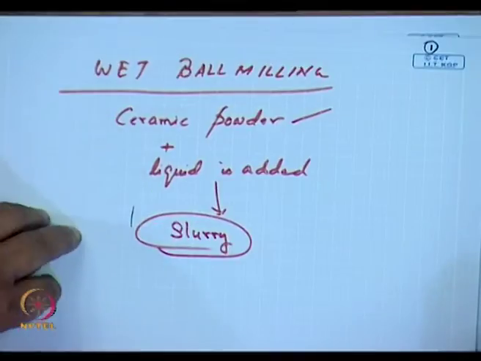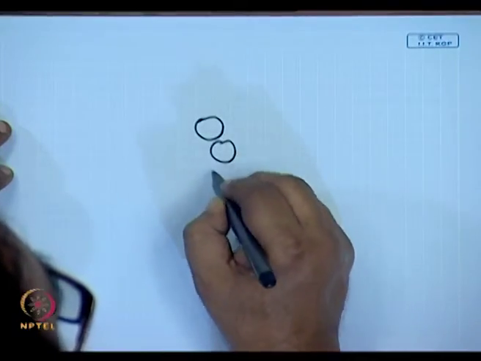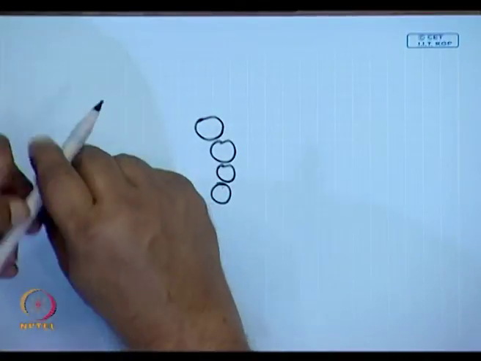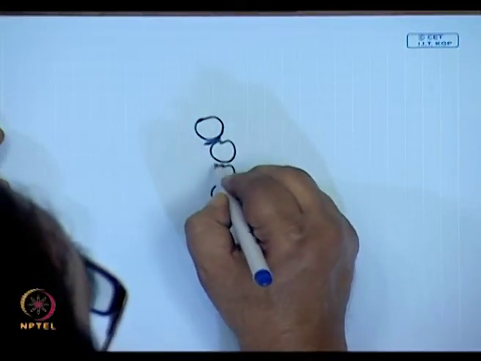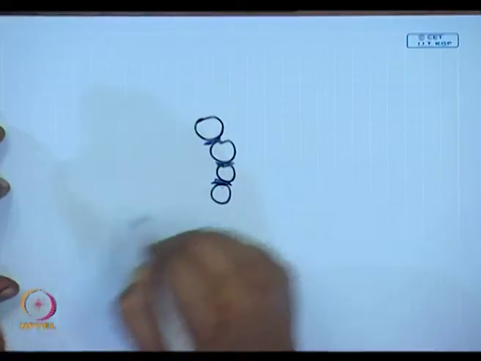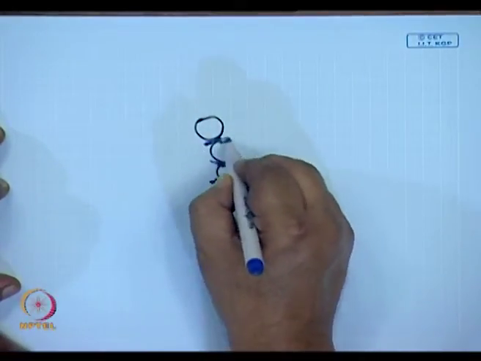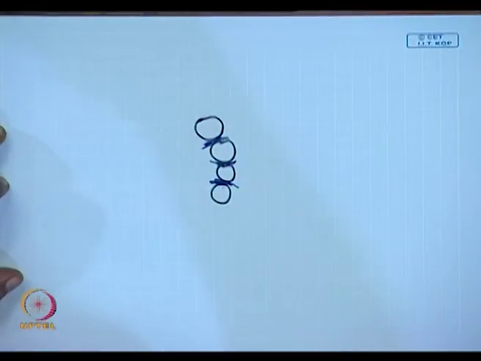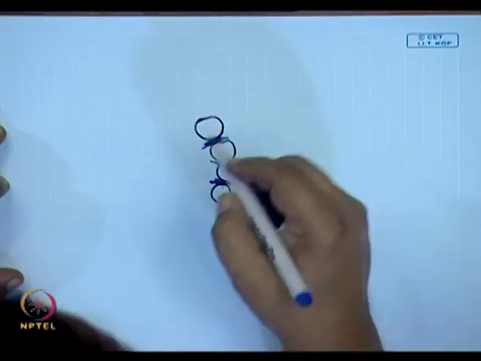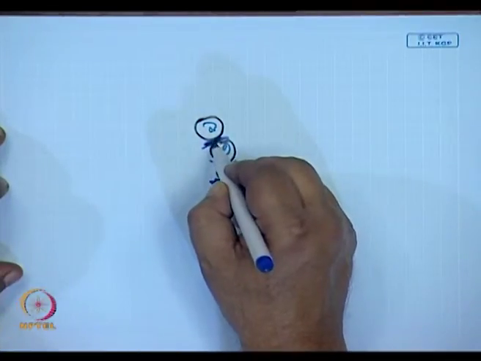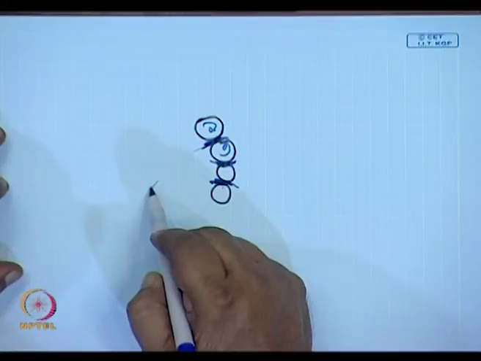In wet ball milling, what would we expect? If these are the balls, I would expect a very thin film of the slurry between the balls, and hence the grinding efficiency, the speed of grinding, would increase, because as this ball rotates, the powder would get crushed over here and the liquid would help remove it.